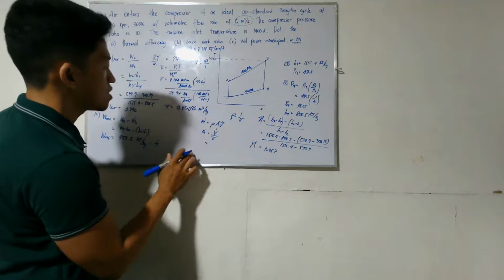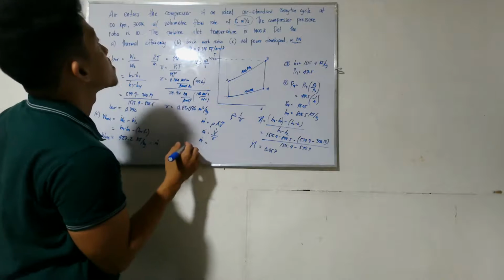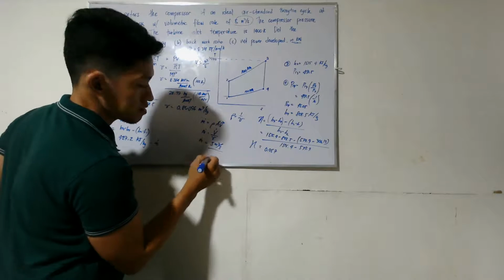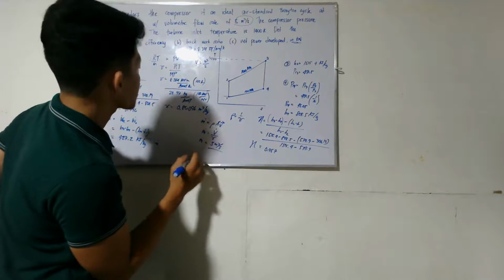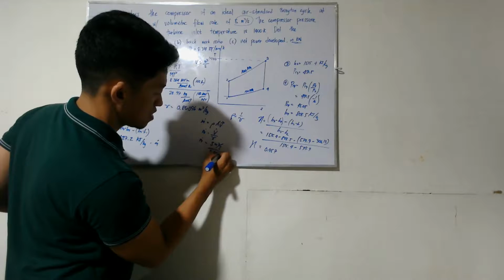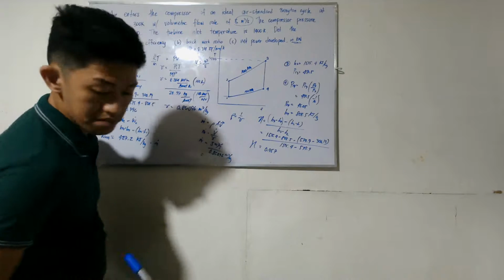So the mass flow rate is just 5 m cube per second divided by 0.86096 m cube per kilogram.